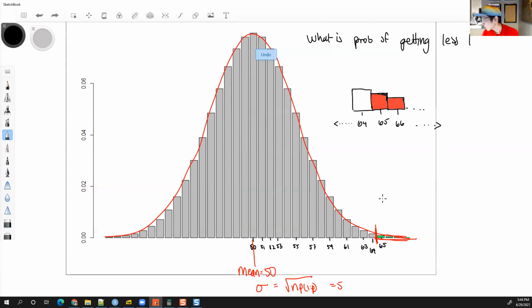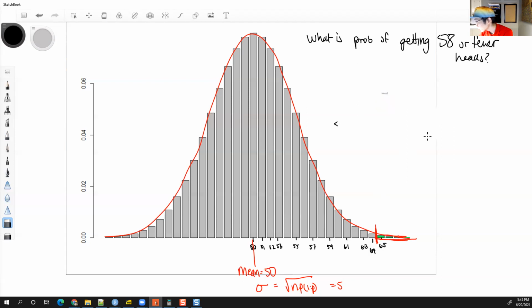No, let me change that: the probability of getting 58 or fewer heads? Okay, so 58 or fewer heads.